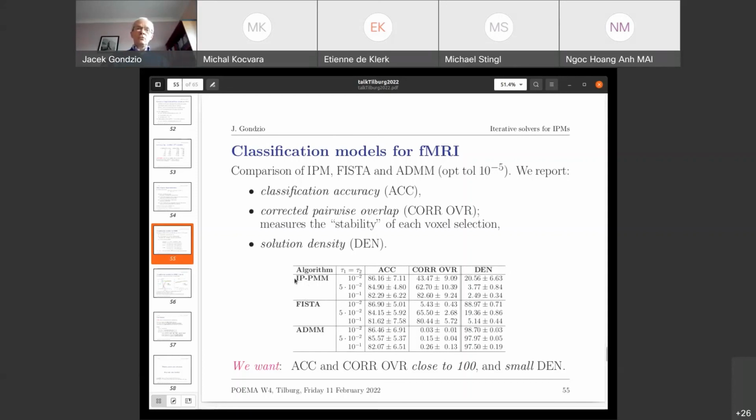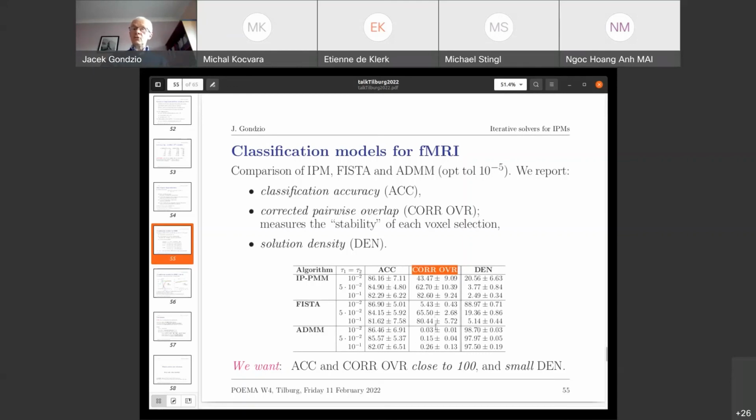What happens when you use interior point method? What happens when you use FISTA or ADMM? Look at that. ADMM is completely unable to deal with corrected pairwise overlap. Here, these numbers should be close to 100%. They are nowhere near.